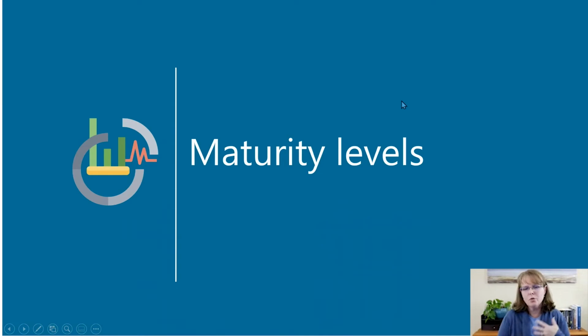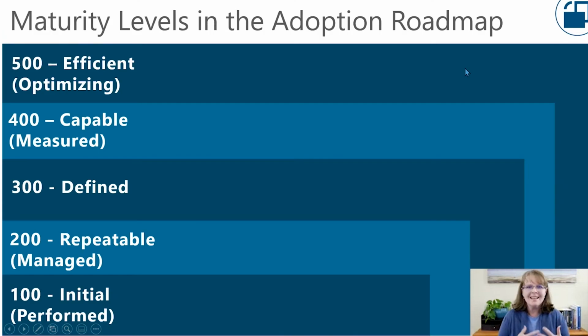That brings us to the next piece of things that we did in the Power BI adoption roadmap, which is incorporate this idea of maturity levels. And so we used 5 levels. They're starting at the bottom, 100 through 500. And we used the same levels as the Power CAT adoption maturity model and Microsoft 365's maturity model.